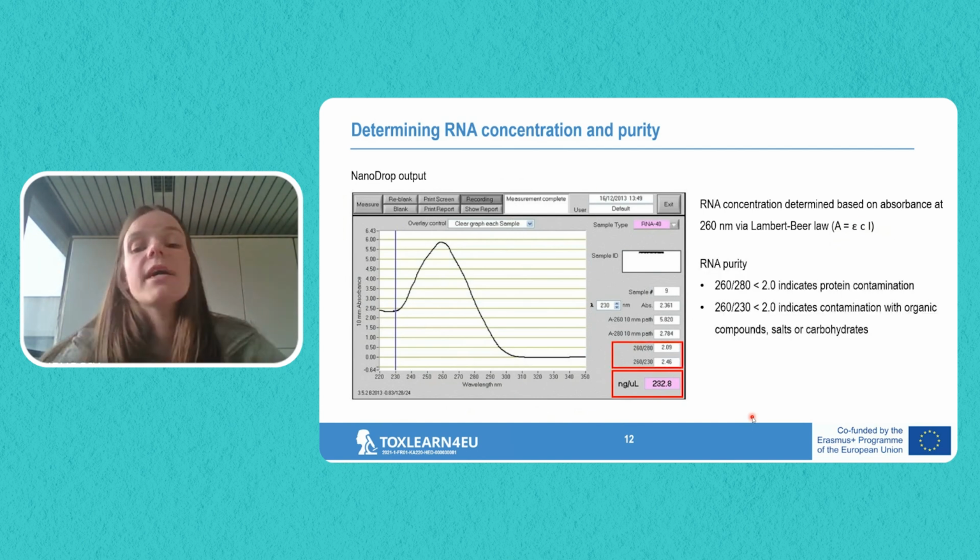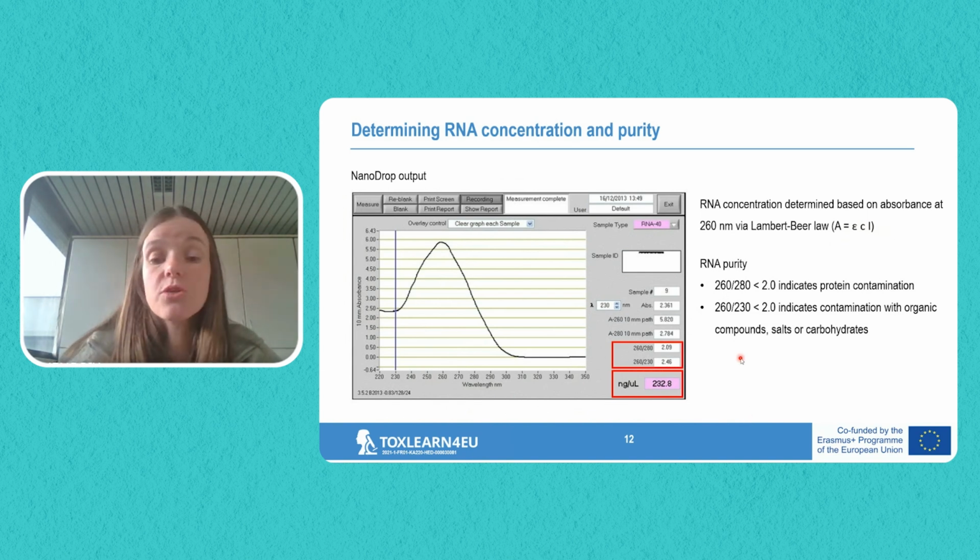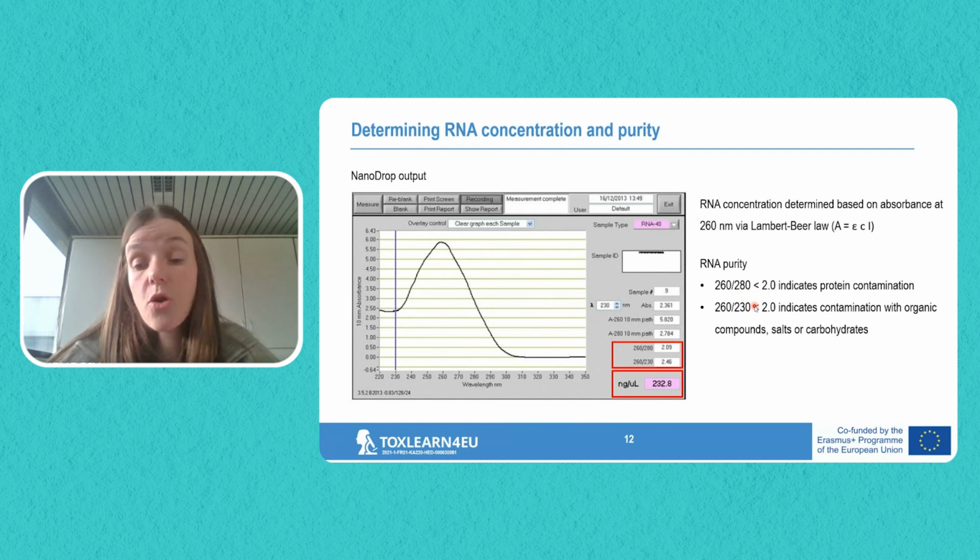In addition to that, the nanodrop also gives indications of the purity of the RNA. It does this based on two ratios. The first one is the ratio between the absorbance at 260 and 280 nanometers. And if this value is smaller than 2, this indicates protein contamination.